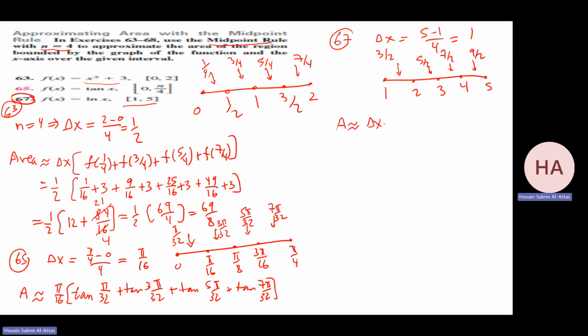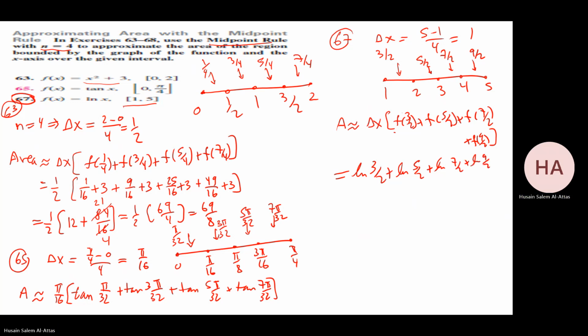Delta x times summation i equal, f of 3 over 2 plus f of 5 over 2 plus f of 7 over 2 plus f of 9 over 2, which is what? Ln 3 over 2 plus ln 5 over 2 plus ln 7 over 2 plus ln 9 over 2. Yeah, you can simplify it the way you like. Okay.